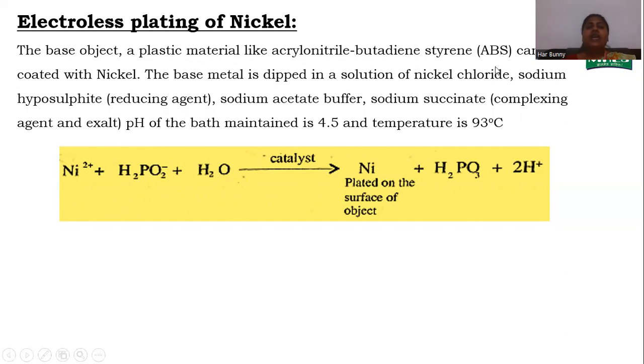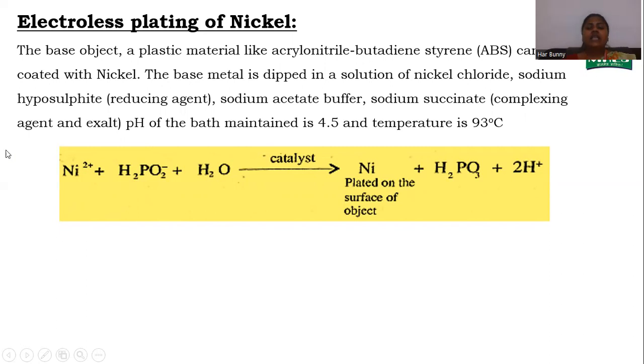Okay, so that can be coated with nickel, and the base object is dipped in a solution of nickel chloride, sodium hypophosphite, that is nothing but a reducing agent, and sodium acetate buffer. The buffer is used to maintain the pH of the bath solution, and sodium succinate is used as a complexing agent, right? So the pH of the bath solution is maintained at 4.5, and the temperature is maintained at 93 degrees centigrade.